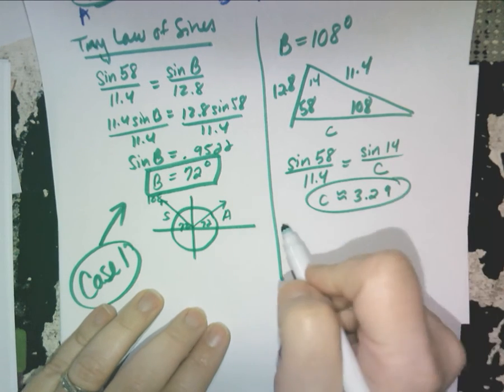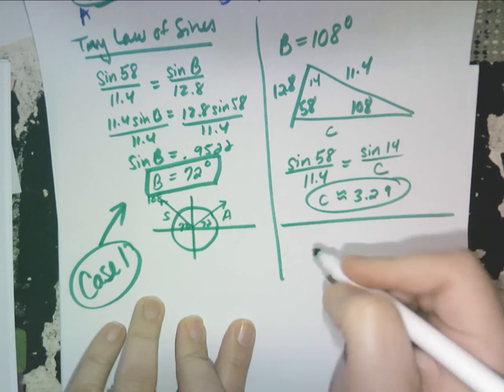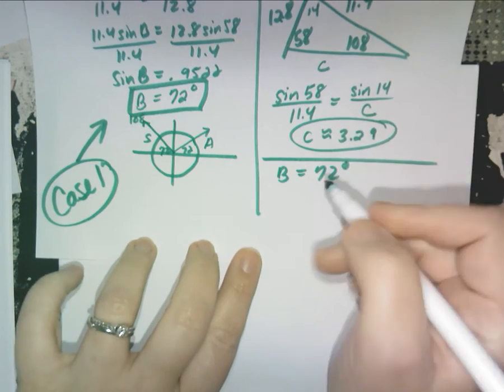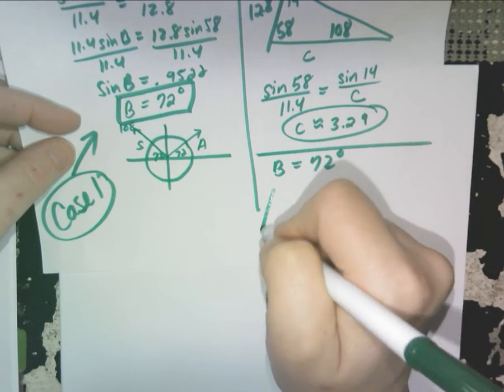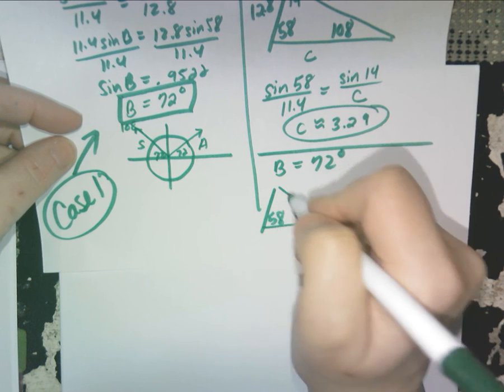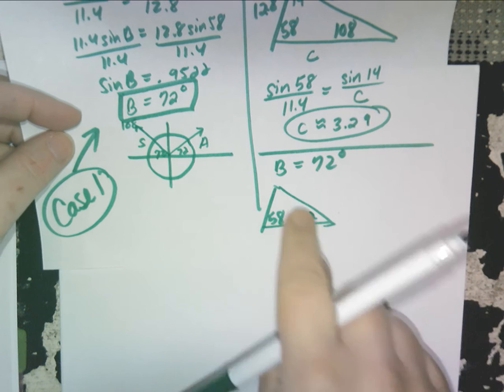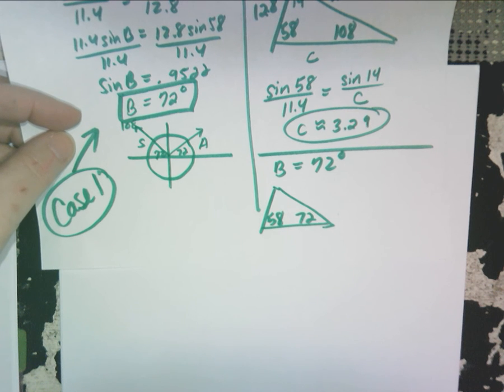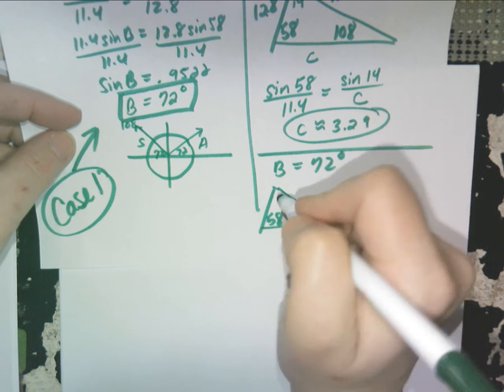Well, let's do it as if B was 72 and find side C also. That was what I was trying to do. That's what I didn't do at first. I'm sorry about that. 72, 58. What would that make angle C right there? 180 minus 130, 50. Thank you. You are right.